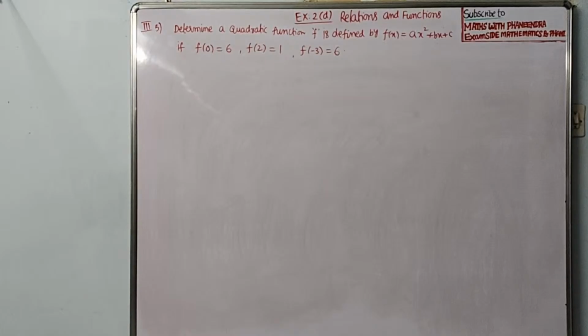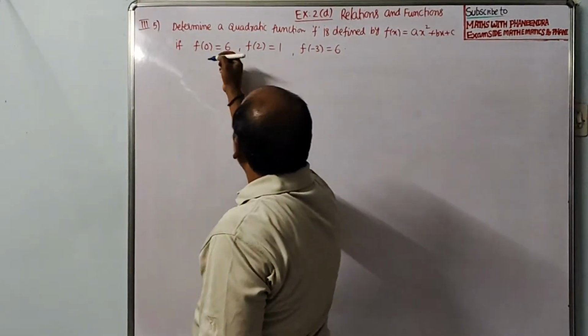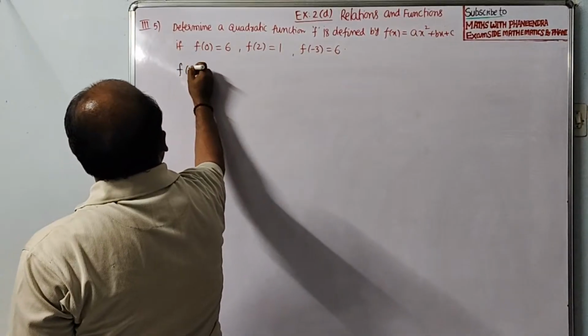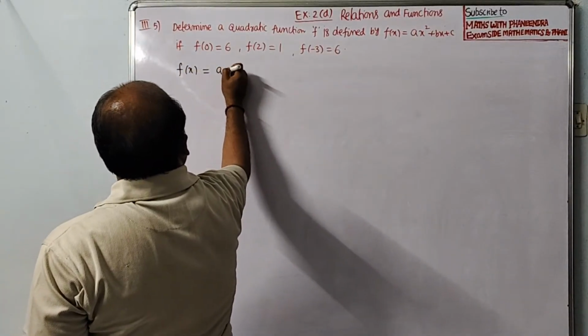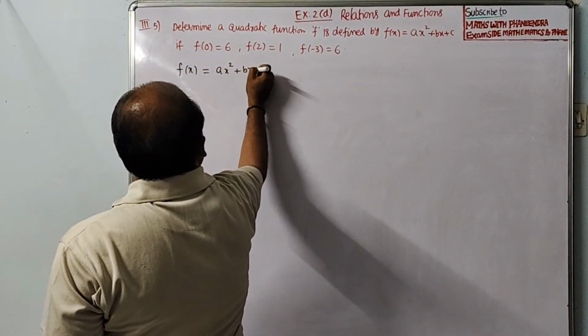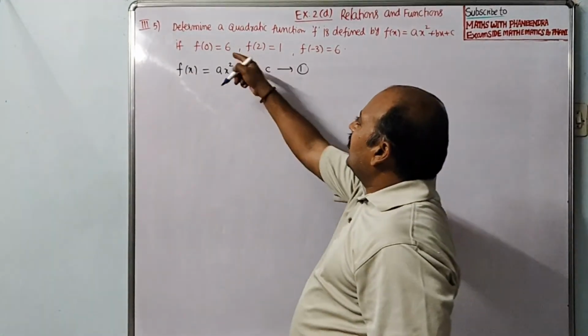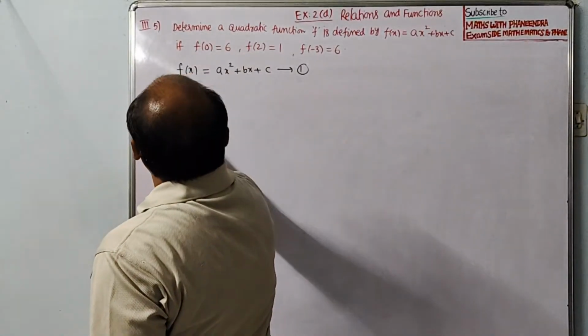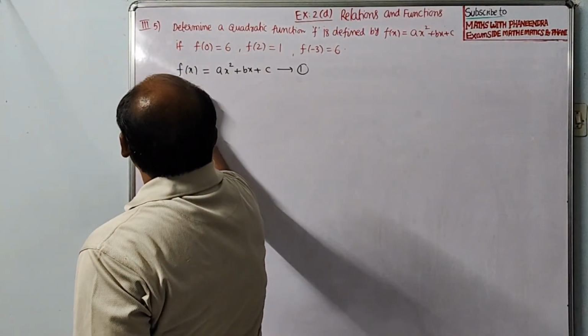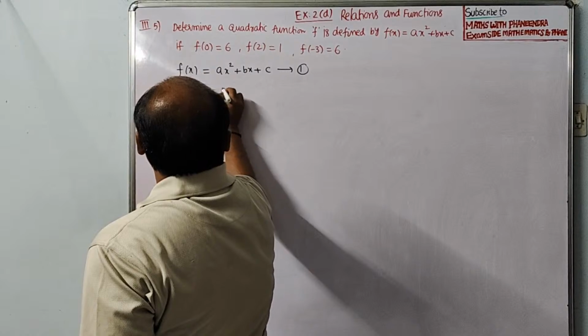We have this last question, dear students, but it is important. They asked it in the model paper itself. So f of x is given as ax square plus bx plus c. Keep that as equation number 1. F of 0 equal to 6 is given. Put x is equal to 0 in 1.